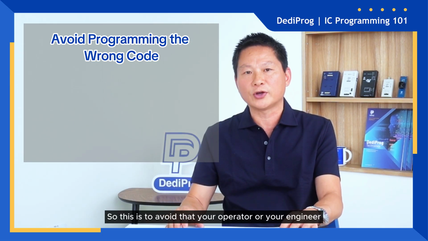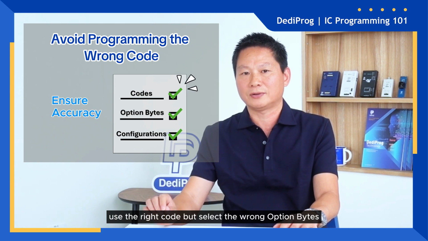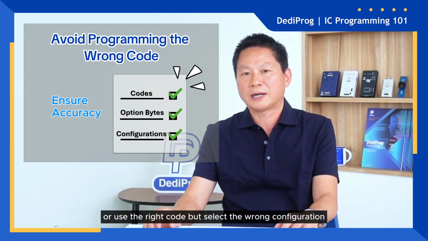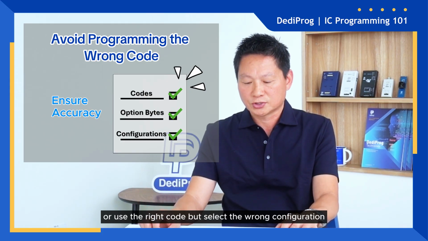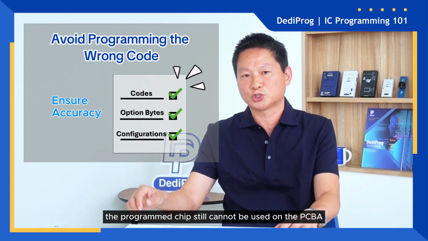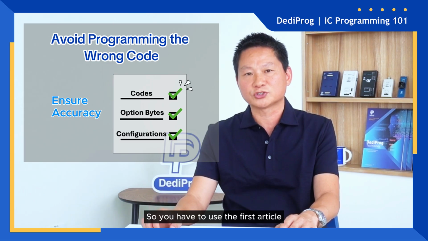This is to avoid your operator or engineer using the right code but selecting the wrong option byte or the wrong configuration. Even if you have the same file but a wrong option byte, the programmed chip still cannot be used on the PCBA. So you have to use the first article.